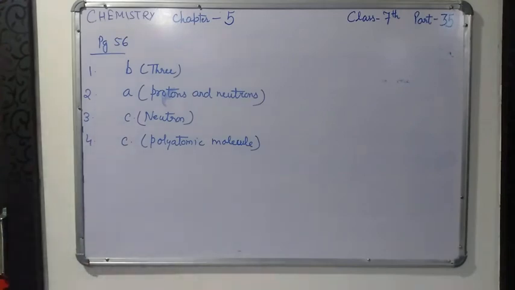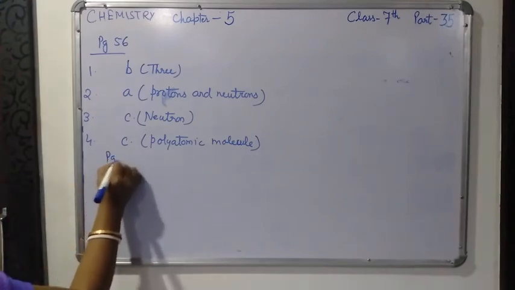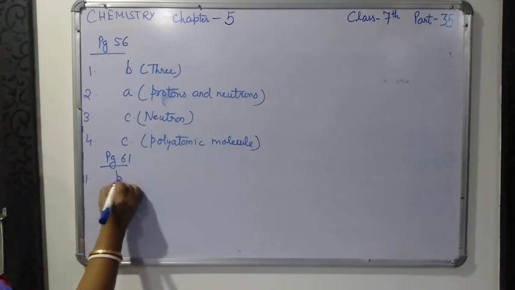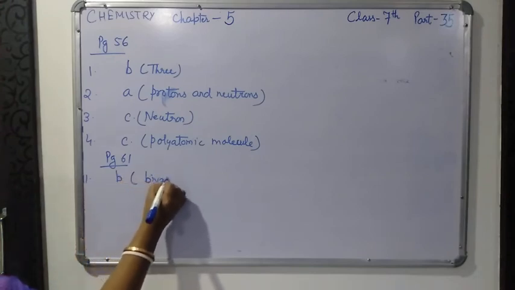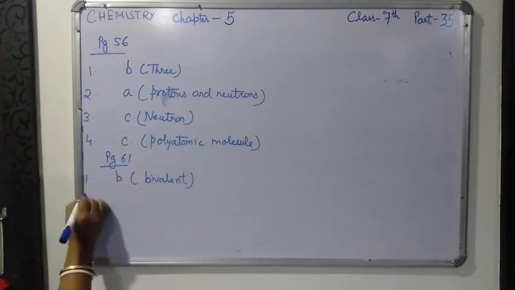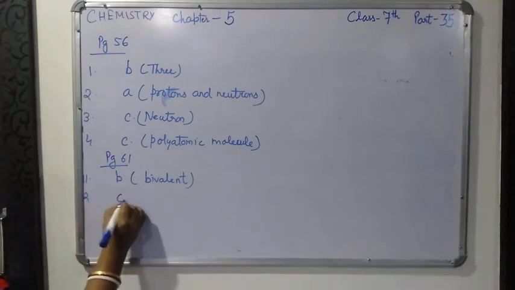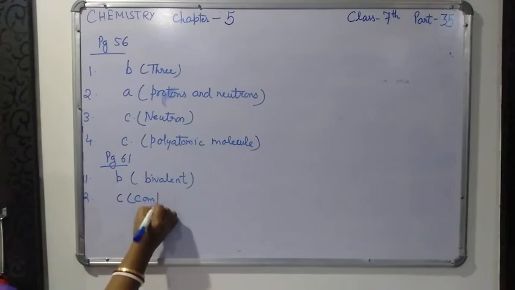Now one more exercise is given in page number 61. First one: calcium is a, answer B, bivalent. Second one: SO4 2 minus is a, answer number C, compound radical.